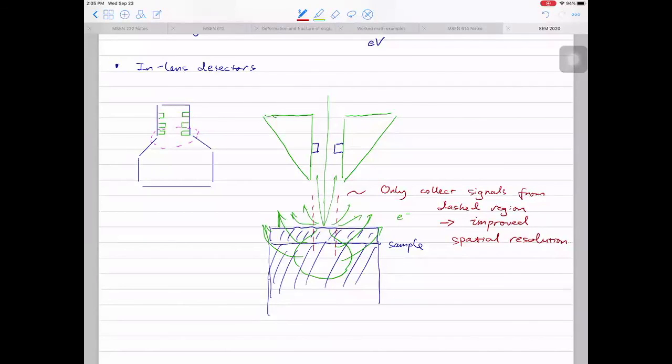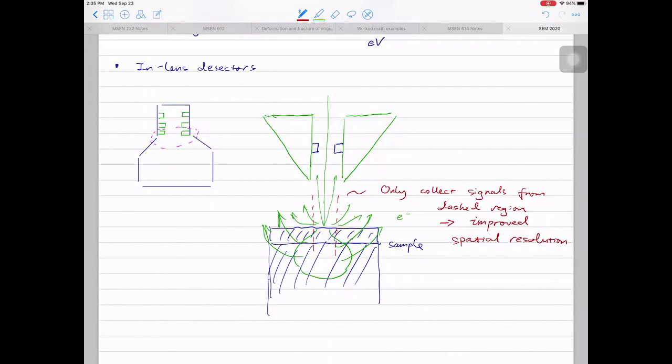So by using the in-lens detector, it can help you with that. But an in-lens detector is not equipped on every single instrument. Some of the newer ones have it, but most SEMs don't.